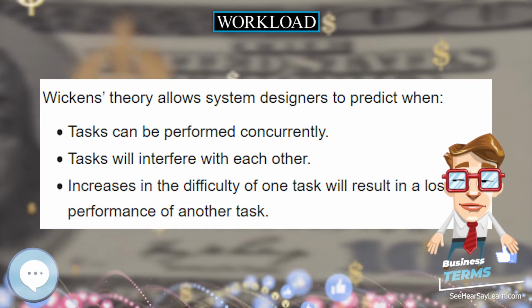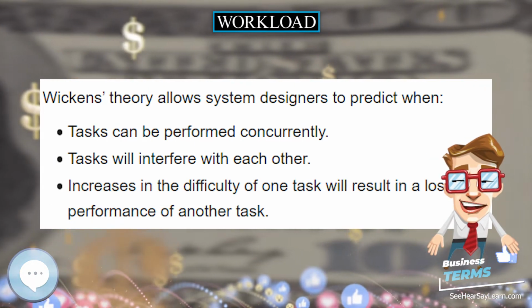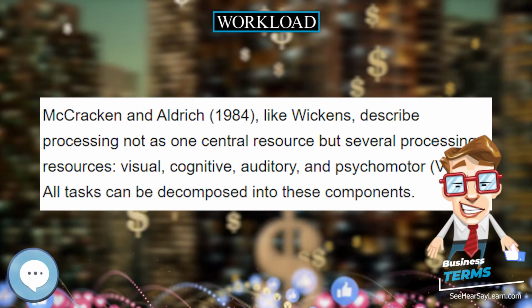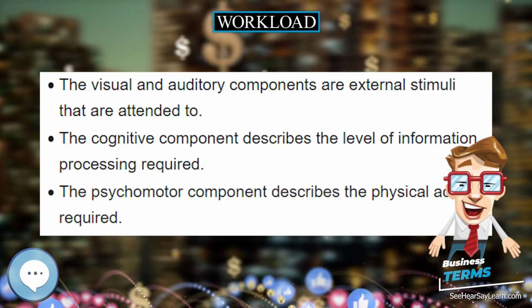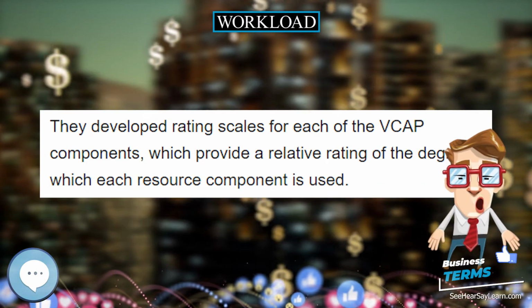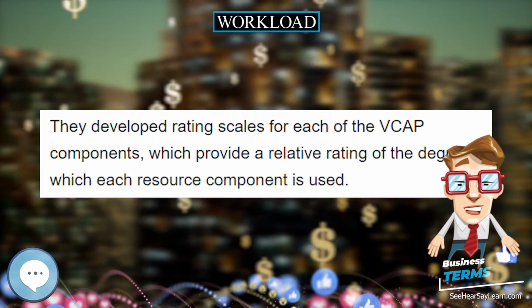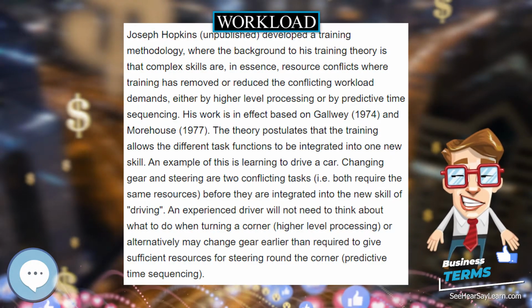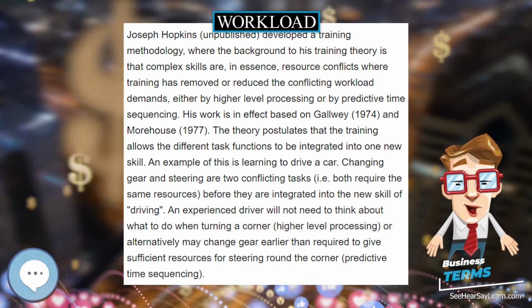Wickens' theory views performance decrement as a shortage of these different resources and describes humans as having limited capability for processing information. Cognitive resources are limited and a supply and demand problem occurs when the individual performs two or more tasks that require a single resource, as indicated by one box on the diagram.